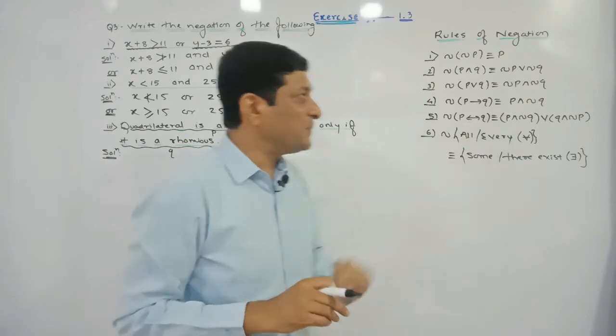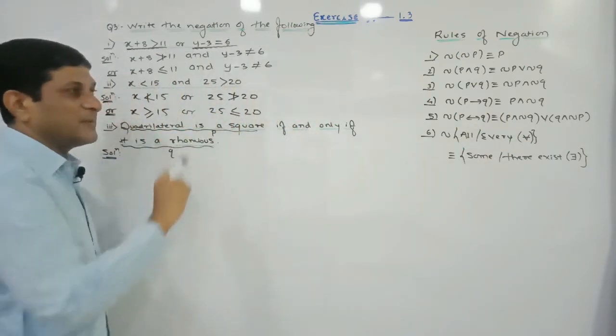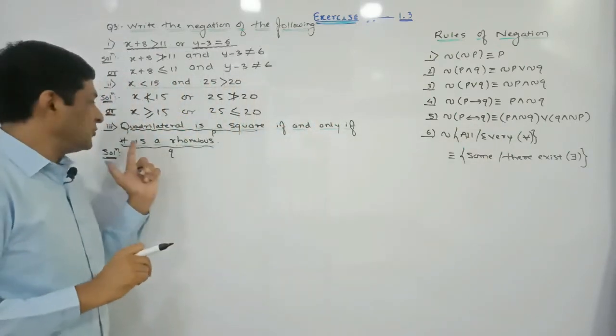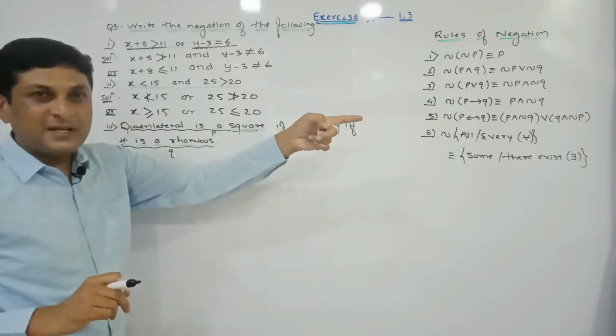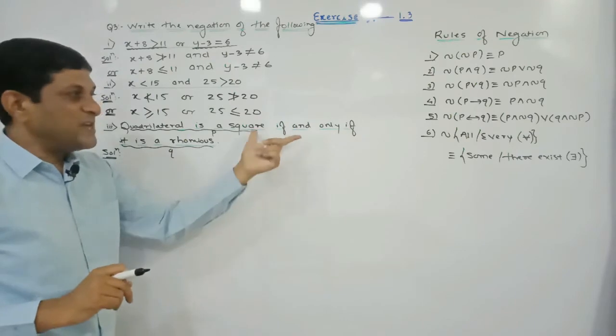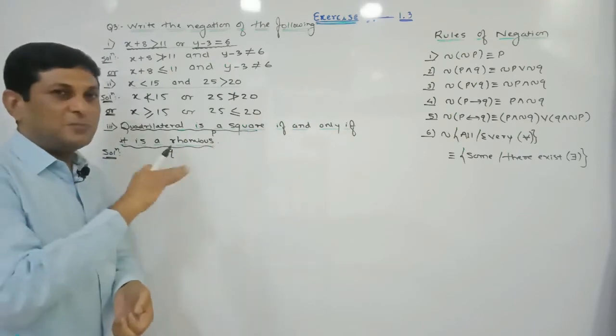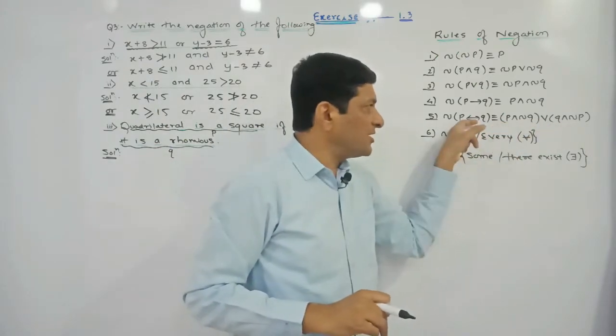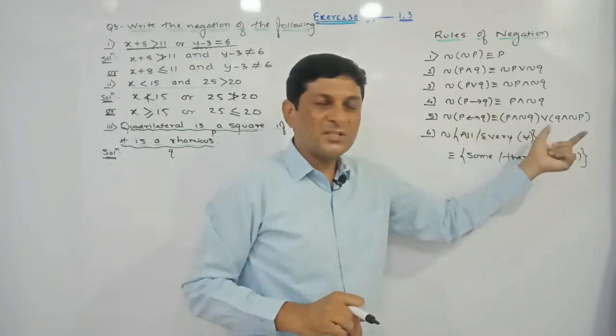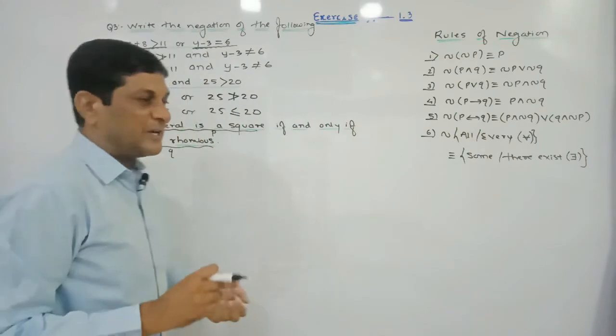Means we have to replace P. P means what? Quadrilateral is a square, and replace Q by what? Q means what? Quadrilateral is a rhombus. Using the rules of negation, now we are finding the negation of this statement. Already the negation of P if and only if Q is known to us, only we have to convert symbolic form into verbal form.